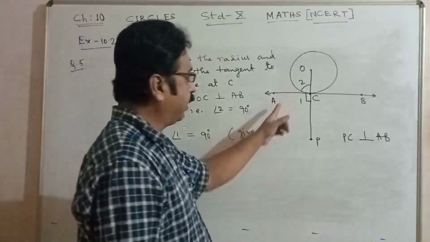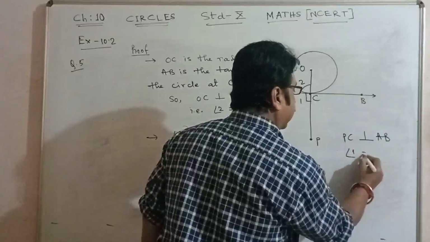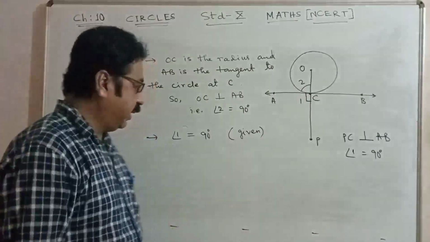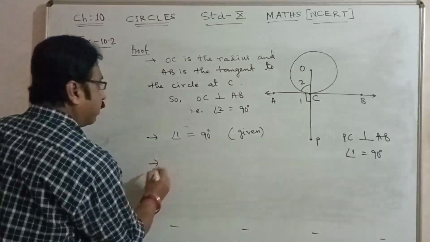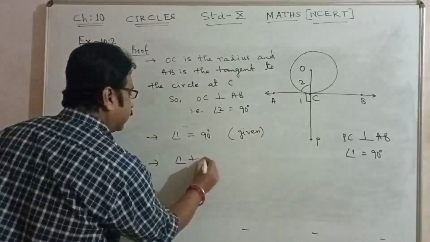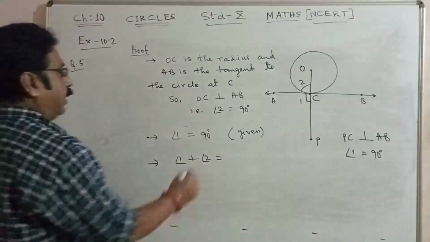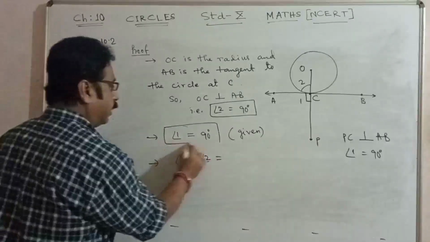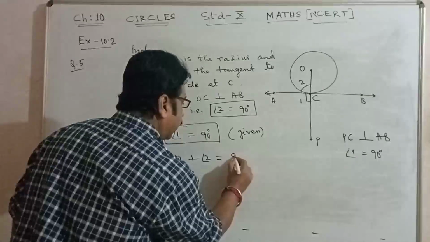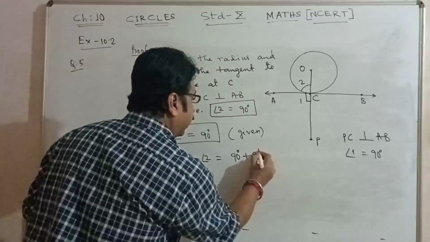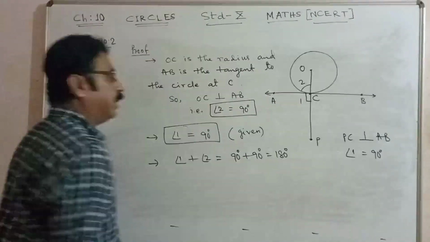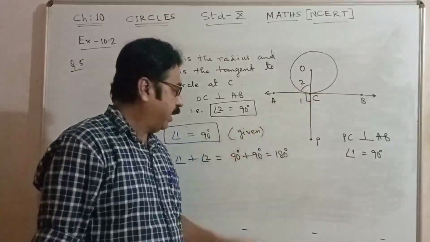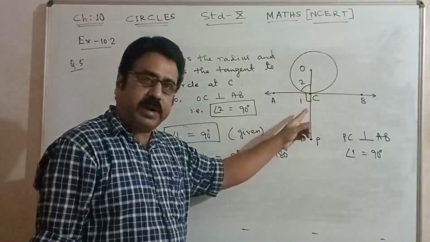If PC is perpendicular to AB, then angle 1 is 90 degree. And we got angle 2 also 90 degree. Now, angle 1 plus angle 2 will be 90 degree plus 90 degree equals 180 degree.